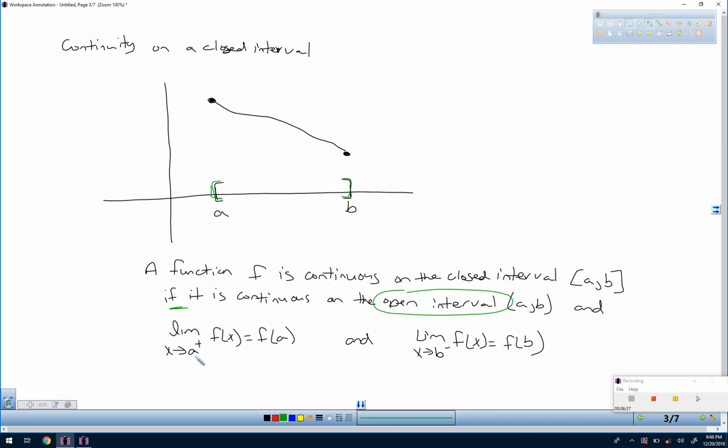And the limit of f of x as you approach a from the right-hand side is equal to f of a, in other words, solid, right there. And the limit as you approach b from the left-hand side is equal to f of b. And if those three conditions are met, then there is continuity on a closed interval as well.